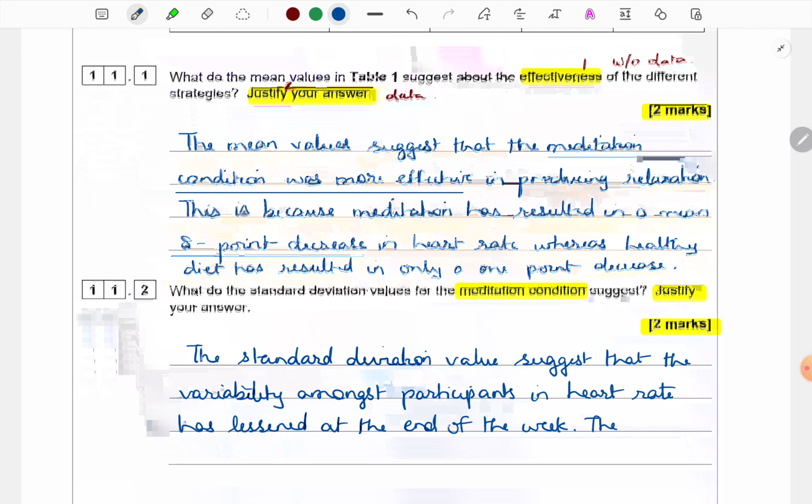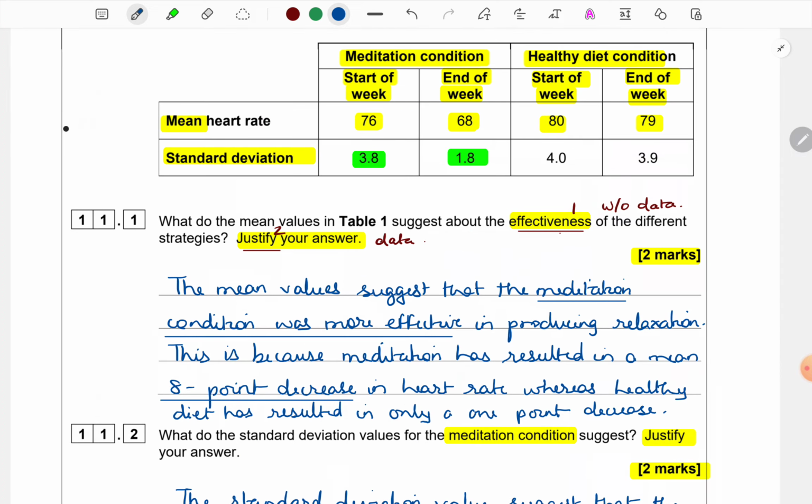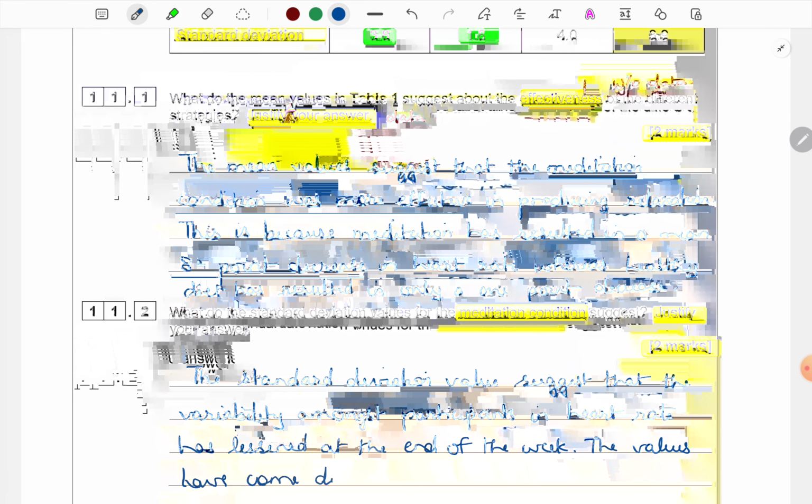The values have come down by 2 points to 1.8.